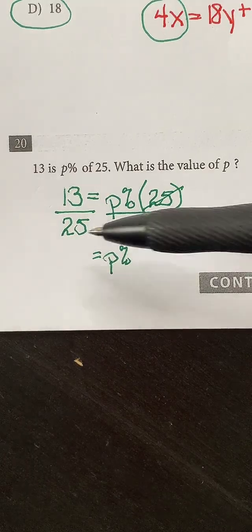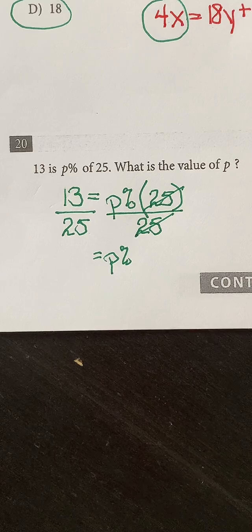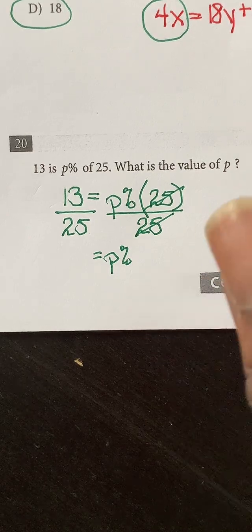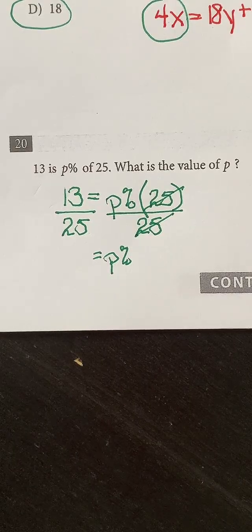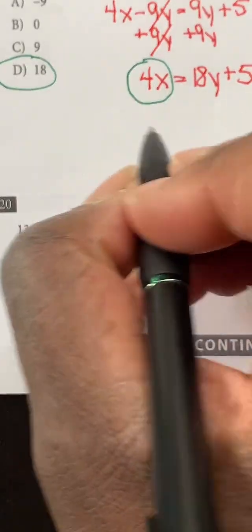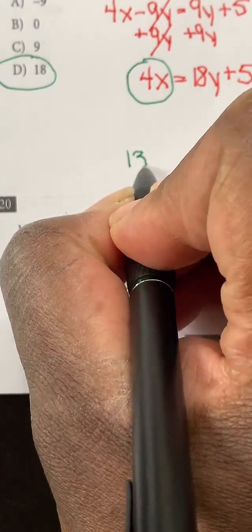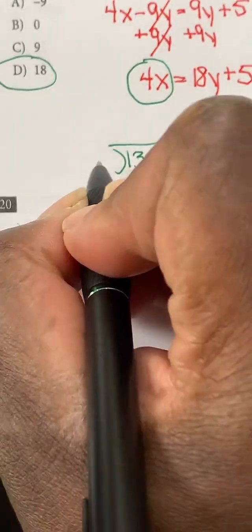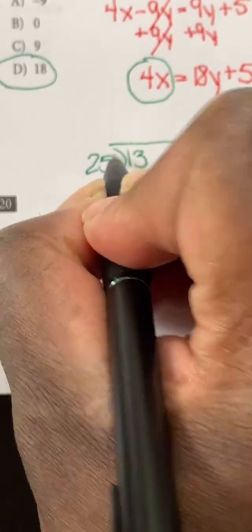We can probably use a calculator, but remember, on the ASVAB, ACCUPLACER, and GED, you can't use a calculator. On the TEAS test, you can. On the SAT and ACT, you can. But all these other ones, you're going to do it by hand. So let's go with the flow. We have our 13 and we have our 25.